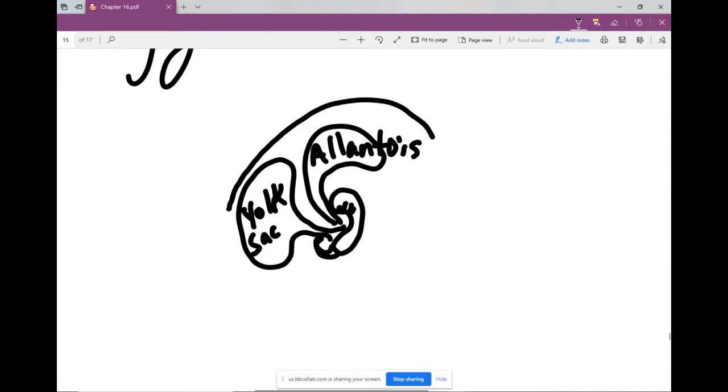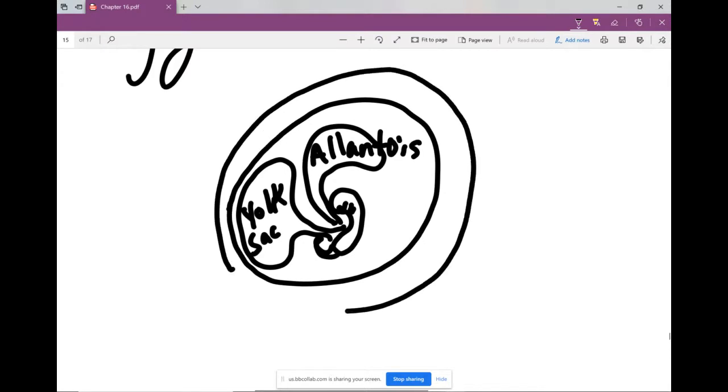And then there's another pouch around that. If I remember correctly, there's the amnion, which is directly surrounding the embryo. That's the amniotic sac. And then you have the chorion.